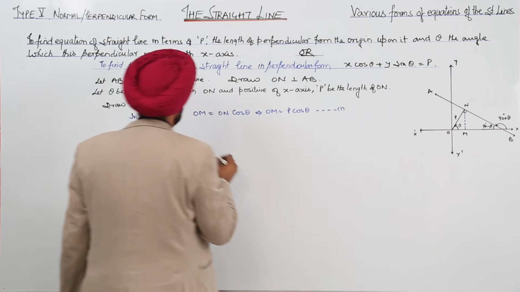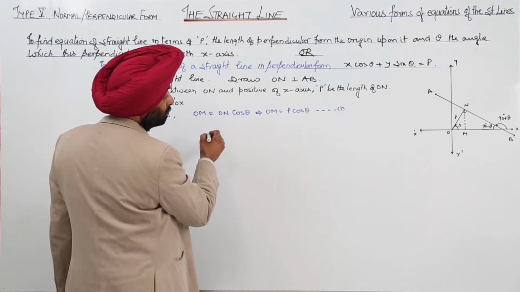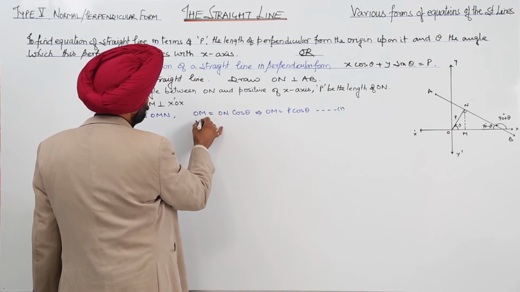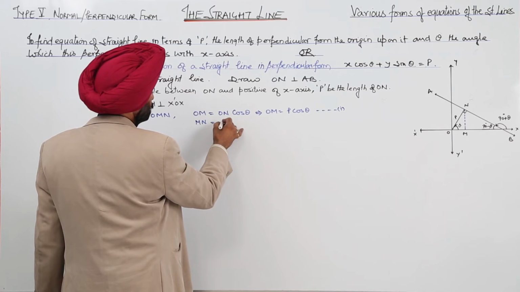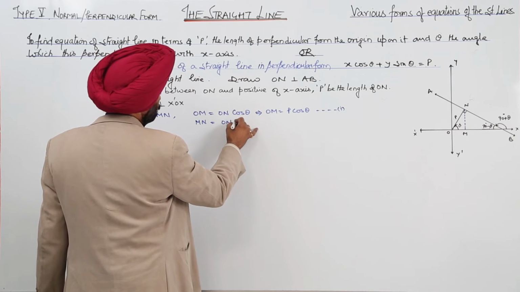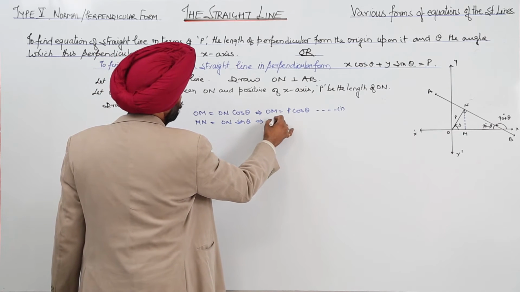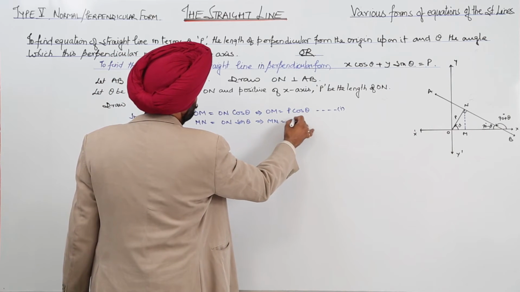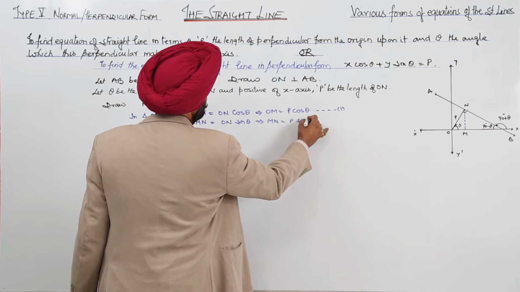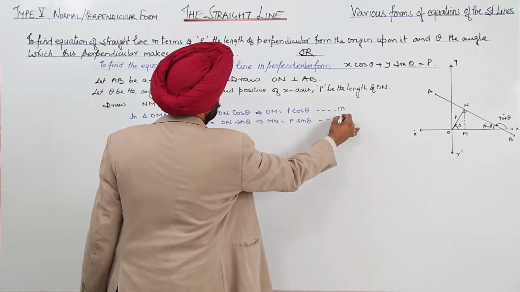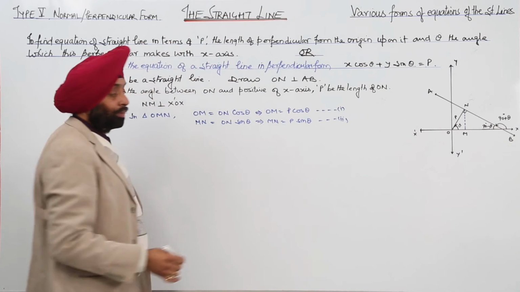One. And MN is equal to ON sin theta, so MN becomes P sin theta. So we are getting the two lengths OM and MN.